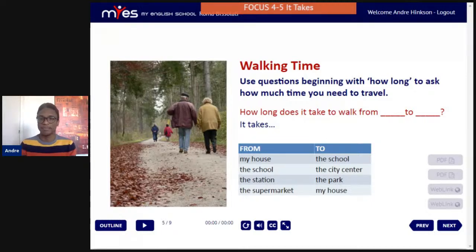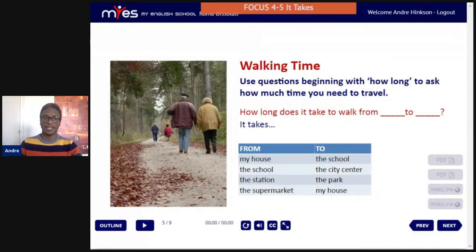Giovanna, Pasquale, Magda, Raffaele, can you tell me? I'll give you 10 seconds to answer, and then we'll move on. How long does it take to travel from your house to the supermarket?